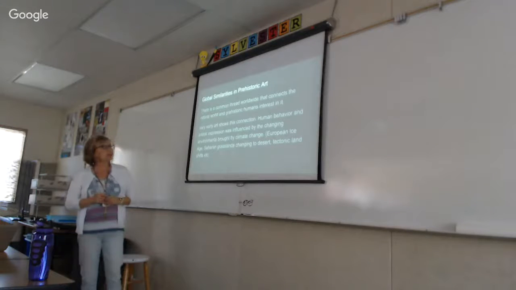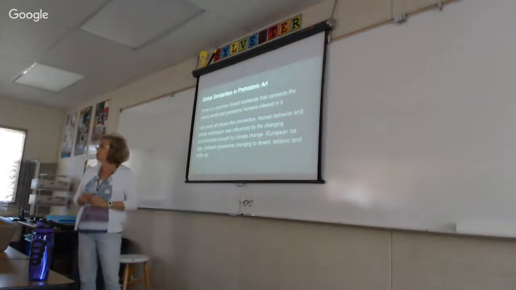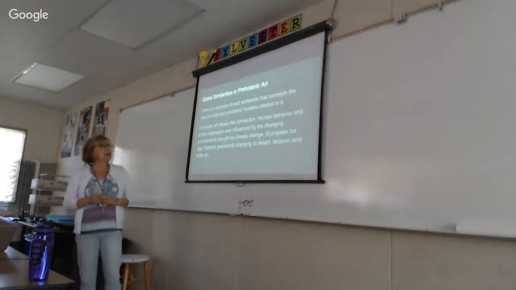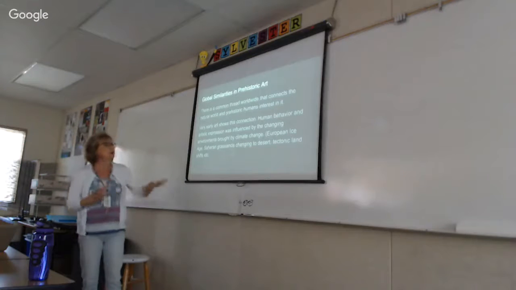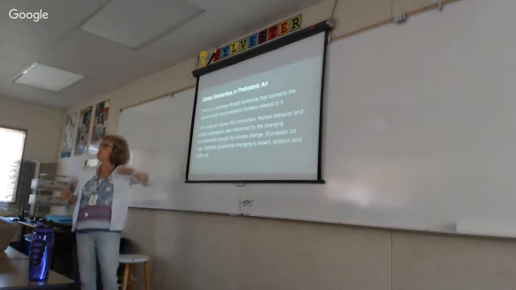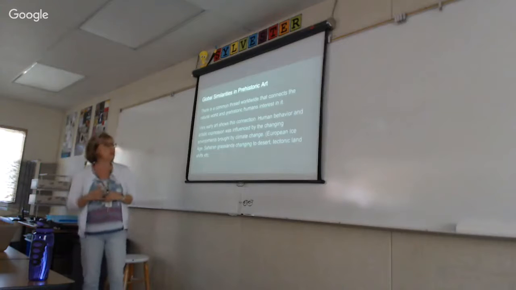Human behavior and artistic expression was influenced by changing environments brought on by climate change. So those of you who thought climate change just started in the 60s, no, it didn't. You had the European Ice Age. You have something called the Mini Ice Age, which was in the 1800s.